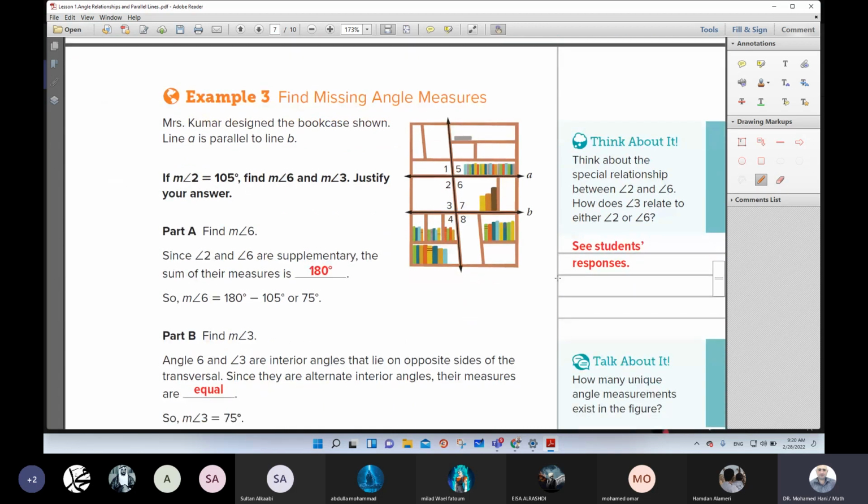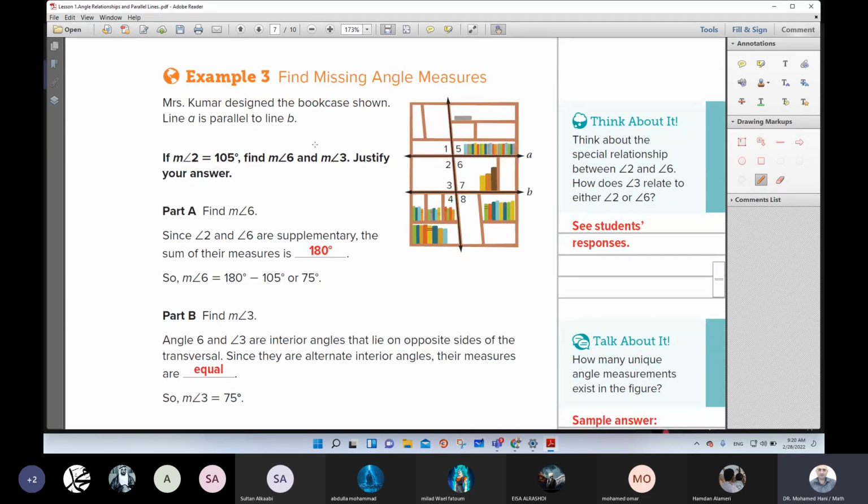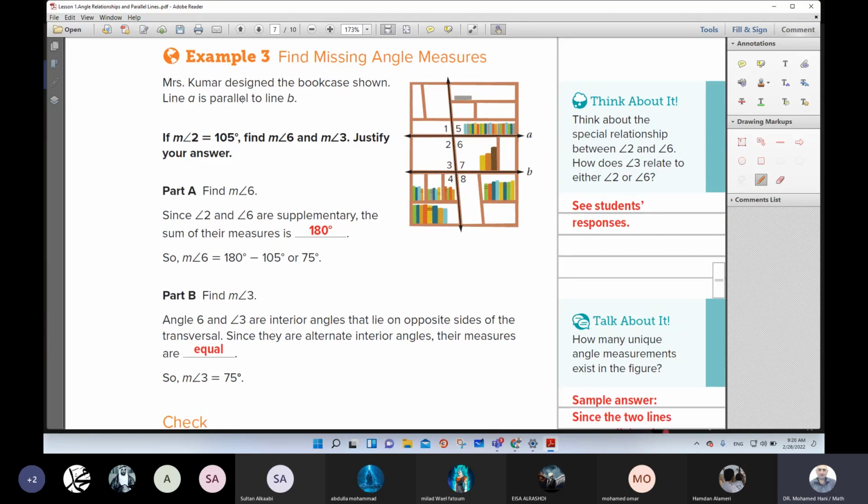In this example, find the missing angle measures. Mrs. Comer designed the bookcase shown, as you see in this figure.